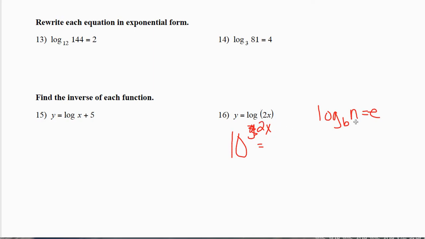Confusing myself. The base is 10. Answer is 2x. Here is the exponent. Looks really bad.